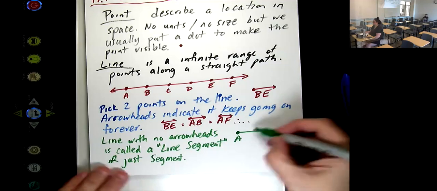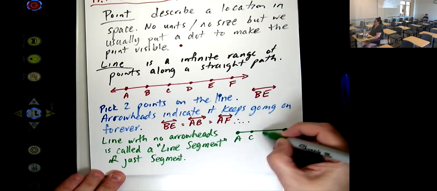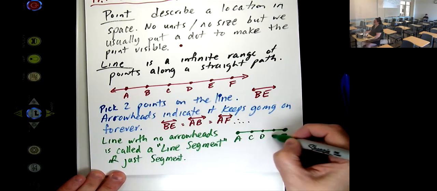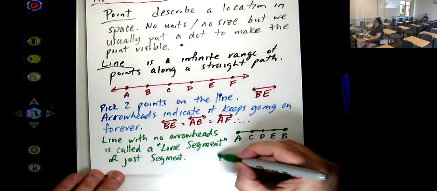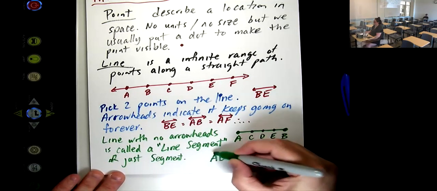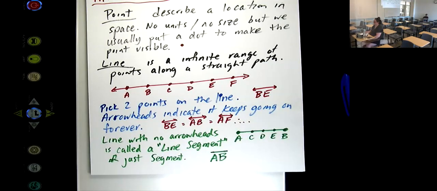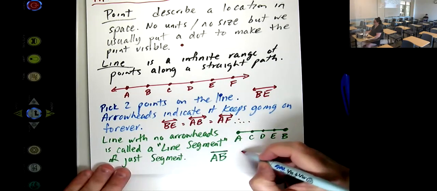Even if I have points on the inside, the line segment is labeled with the endpoints only. There are no arrows above it.